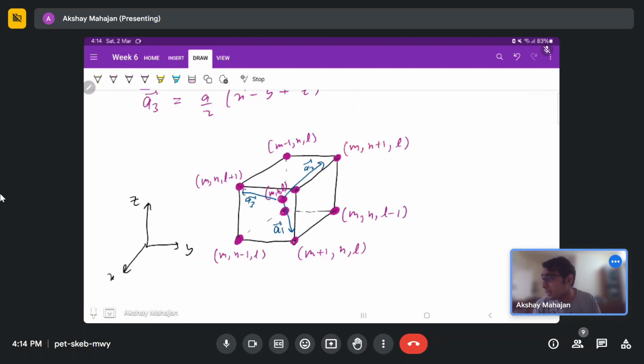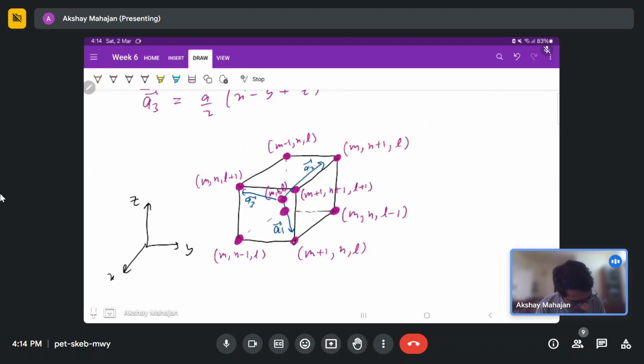Alright, and then the remaining two. This one is done, this one is remaining. We can reach this by using all three lattice vectors: if we use all three, we will go to this point, which is m plus 1, n plus 1, l plus 1.